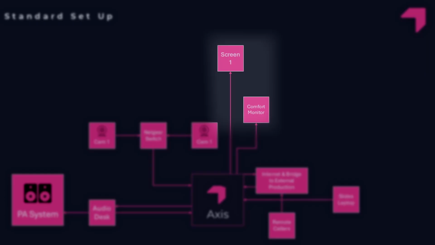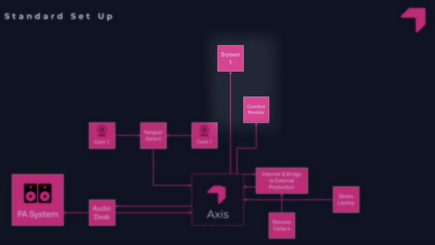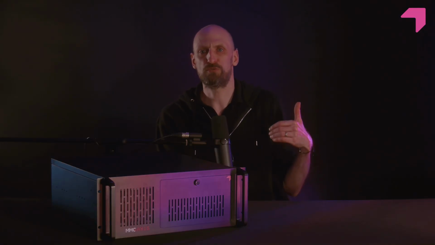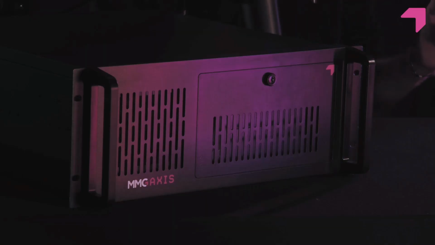So if the comfort monitor needs to show just notes or a timer, it can. And if it needs to show more information, then that's possible too. And we can change what signal is being sent to the screens using the UI of the Axis. Not just on the machine, but we can also connect remotely on the network. So we could even do that with an iPad.